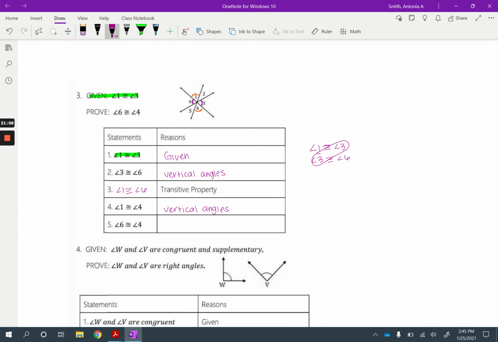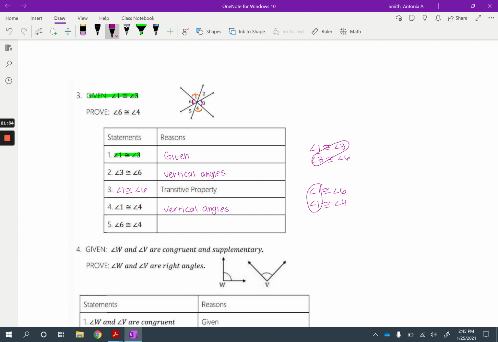I know I am taking statement 3 and statement 4 to get statement 5. Statement 3 says that angle 1 is congruent to angle 6. Statement 4 says angle 1 is congruent to angle 4. The thing that they have in common here is angle 1, right? They are both congruent to angle 1.